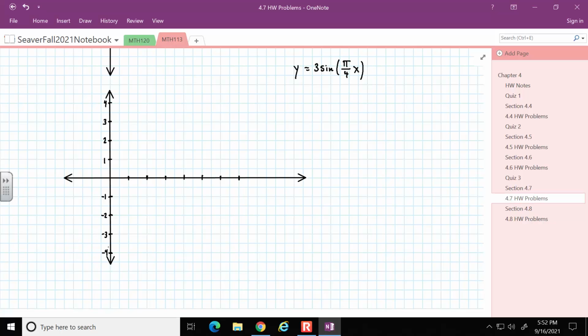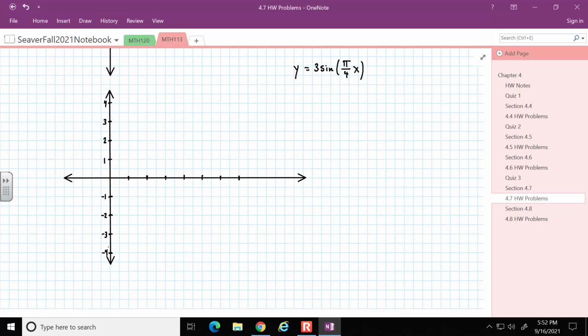Sine and you're trying to get the period, you're taking 2 pi over b. Now, if it was tangent or cotangent, it would be pi over b. So you're on to this cotangent.